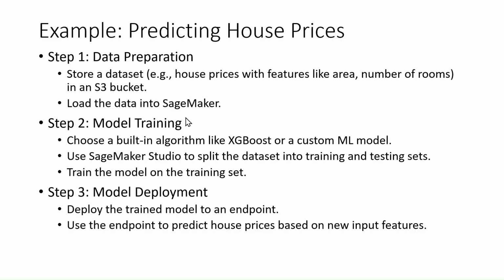Okay, so next here we have a very brief theoretical example of prediction of house prices. First we need to prepare the data. What data should be contained in your data set? For example, house prices with features like area and number of rooms.